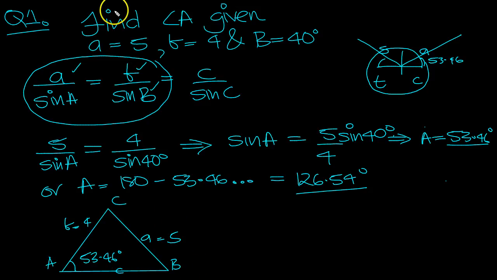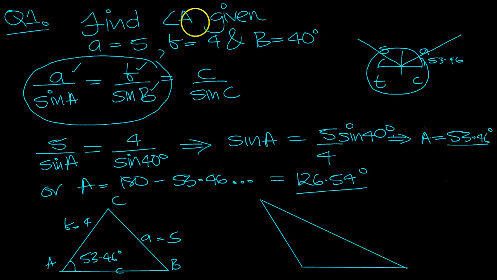Now the other possibility that can happen, which I'll try and draw down over here, is that the angle A is 126, which must look something like, probably like this. There's angle A again, and perhaps like that. So this would be 4.